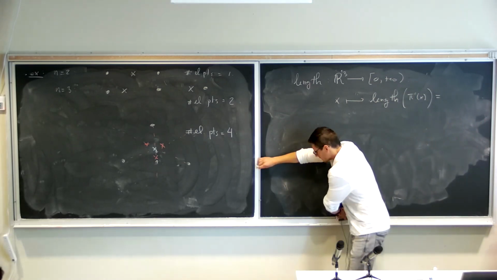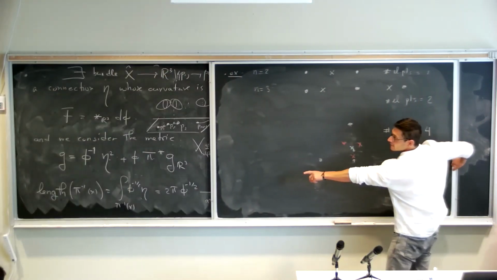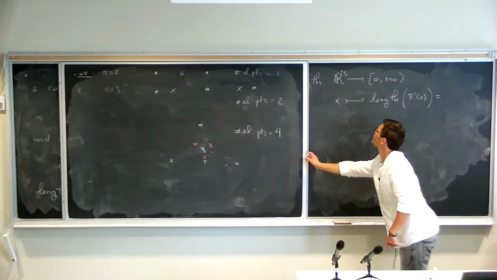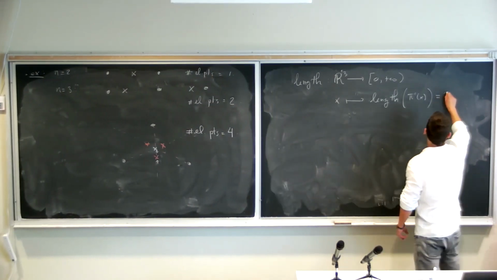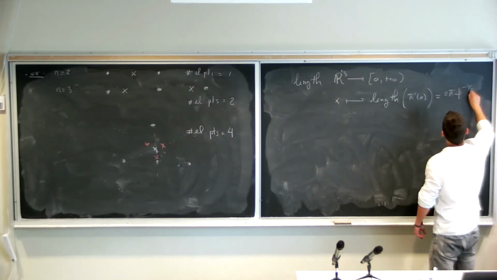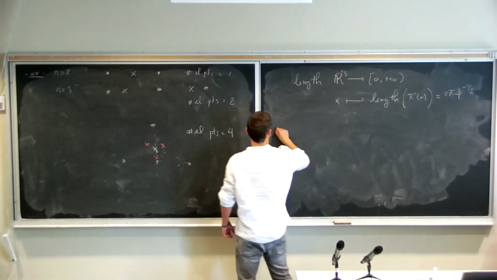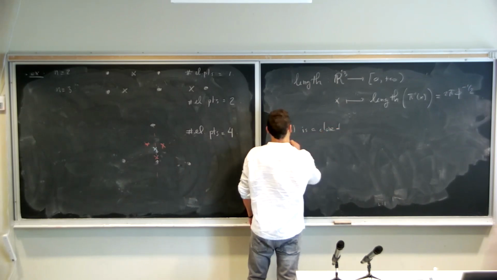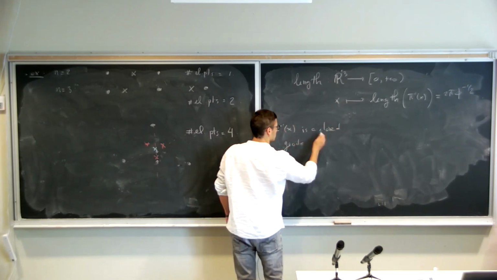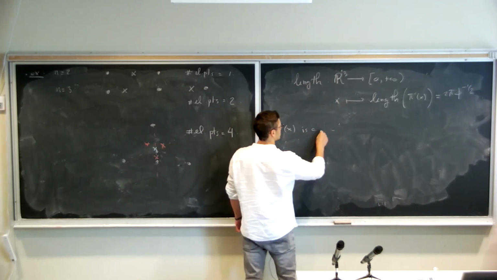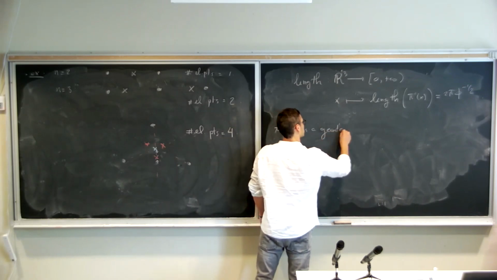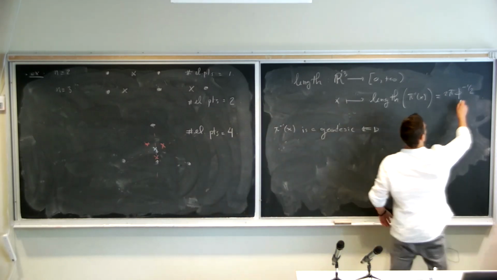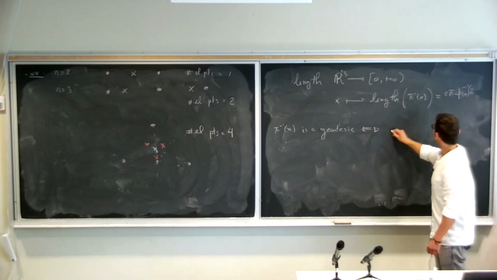And we have already computed this. It was there, and it was 2 pi times phi to the minus 1 half. And so we arrived at the conclusion that pi minus 1 of x is a geodesic, of course, it's closed, if and only if x is a critical point of this function at x.